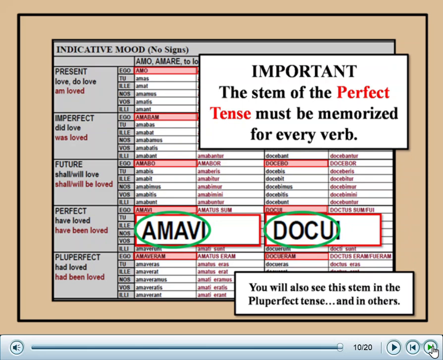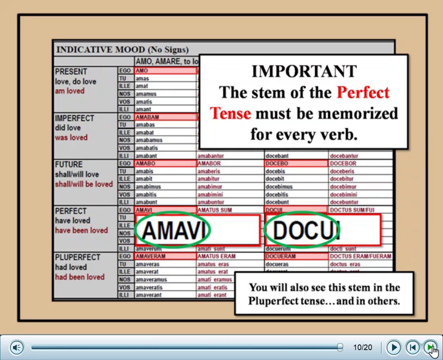But if you look down to the perfect tense, we'll see something different. We have the word amavi. The ending is i. The stem is amav. The perfect stem, amav, is different from the stem of the present, imperfect, and future tenses, which was ama.